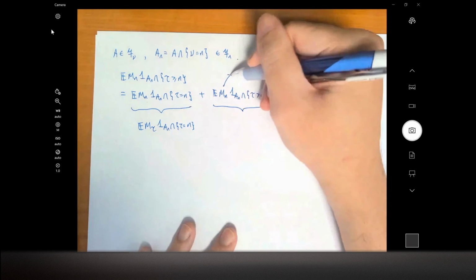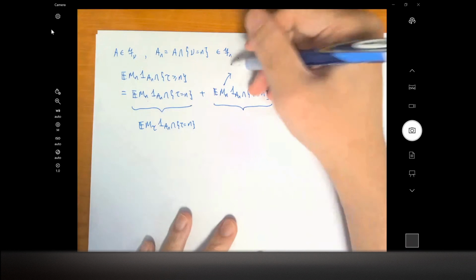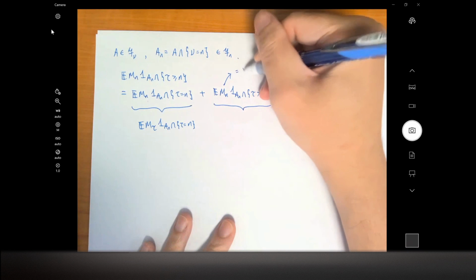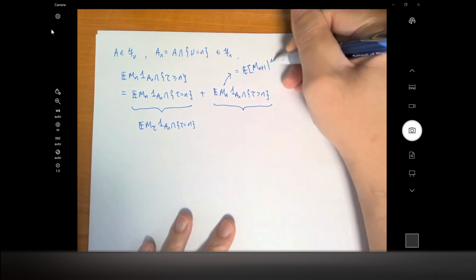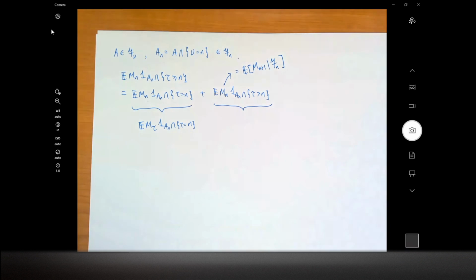Recall that M is a martingale, so M_n will be equal to the expectation of M_{n+1} conditioned on F_n. That's the property of your martingale.